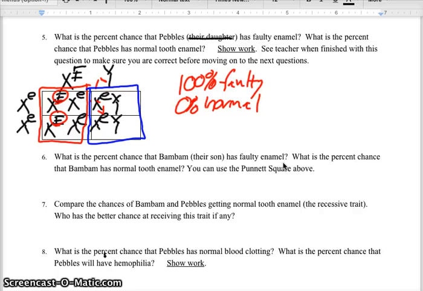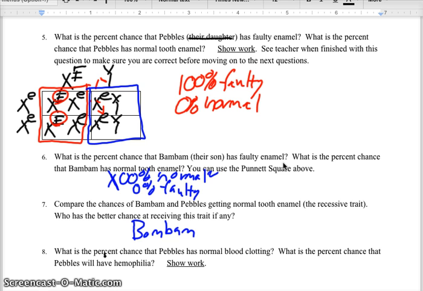So Bam Bam, their son, has a 100% chance of normal because he's all recessive, and a 0% chance of faulty. So who has the higher chance of getting the recessive gene of normal, Bam Bam or Pebbles? It is Bam Bam.